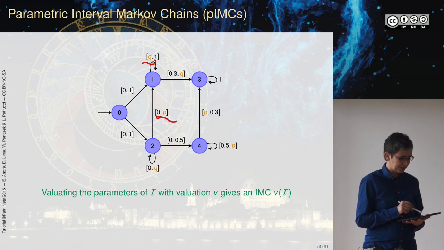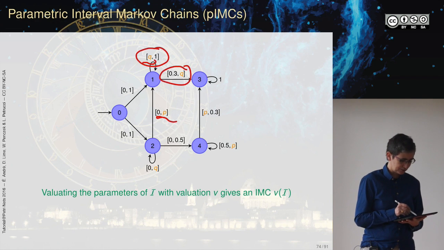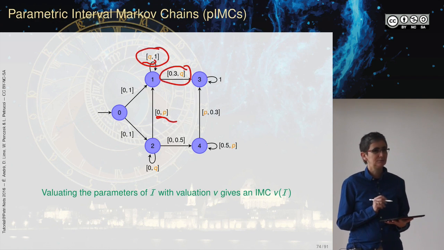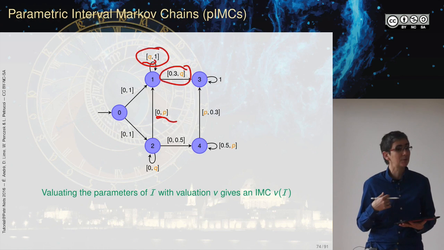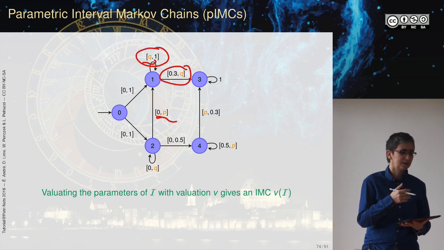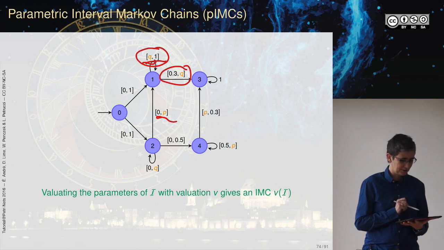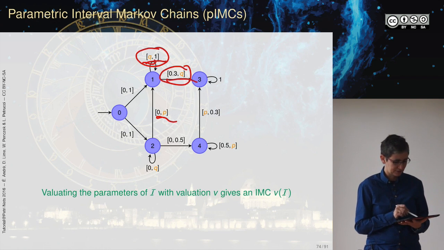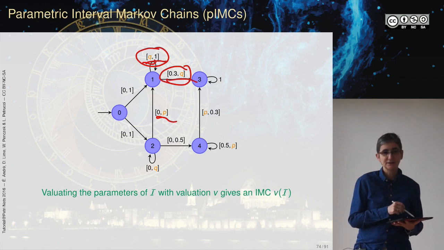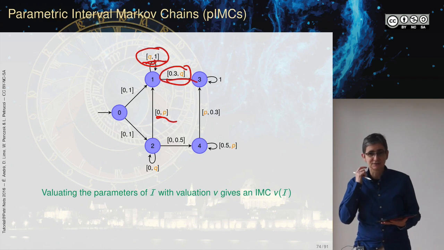They also can appear at several places, so you can see you have Q here, but also you have Q here. So it would say, well, this same probability is used as a lower bound for the first interval here and an upper bound for the second interval here, and it can occur at different places.